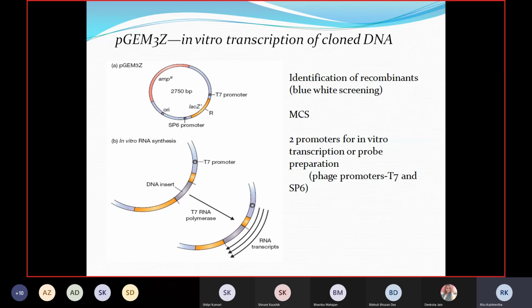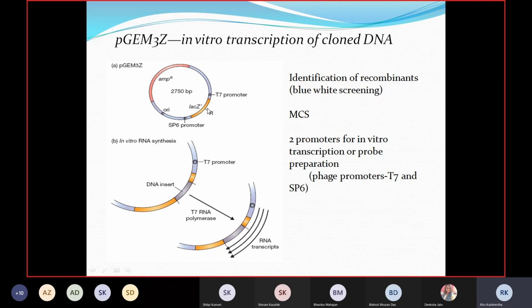So they have very efficient promoters as compared to most of the bacterial promoters that we are aware of. Because they are extremely efficient and give rise to a large number of transcripts at a given time, these promoters are preferred over any bacterial promoters. So it is for high expression.